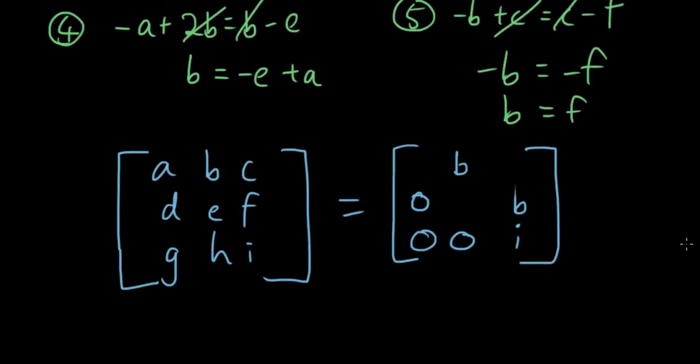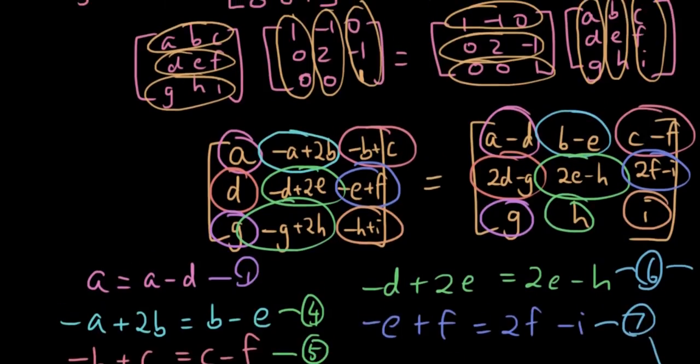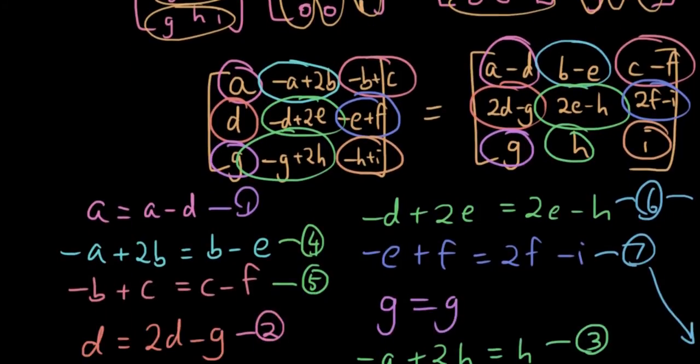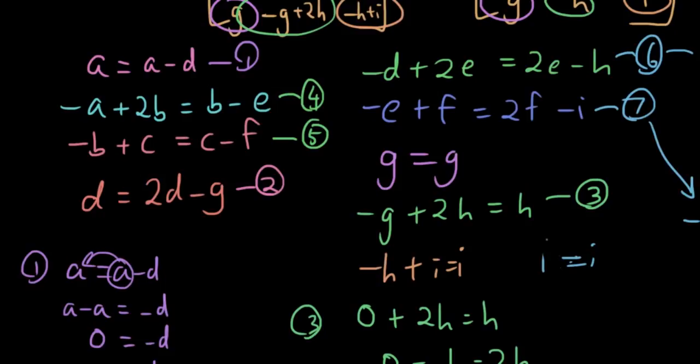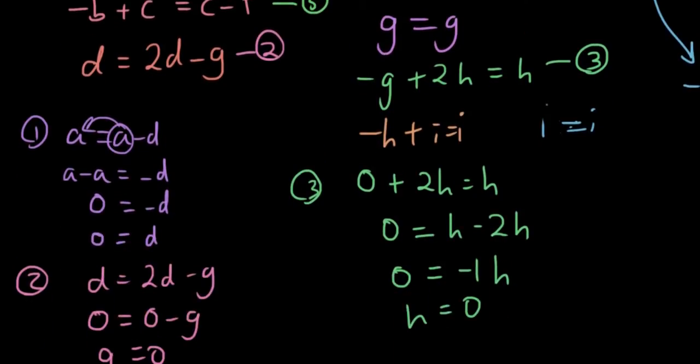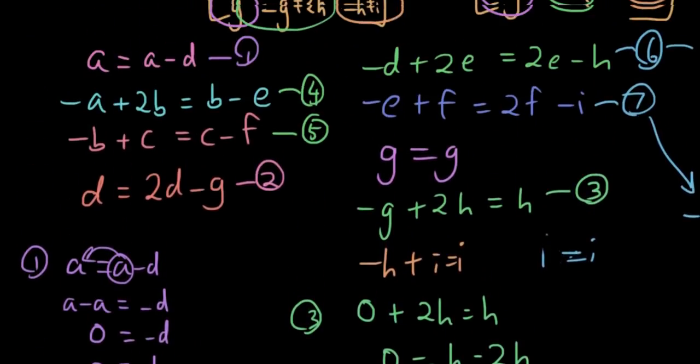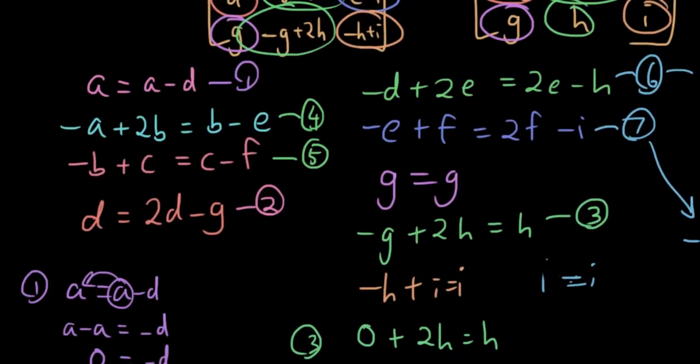And c is another one that there's not much more we can do, because negative b plus c equals c minus f. I don't think there's anything we could do with c, unfortunately. What is F?